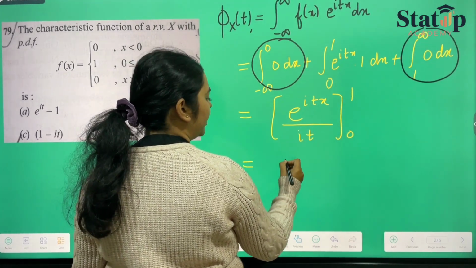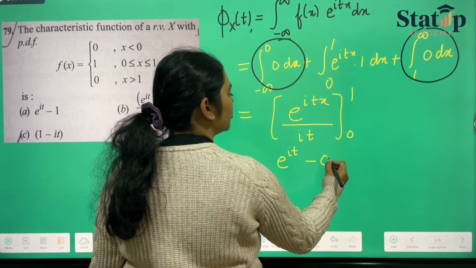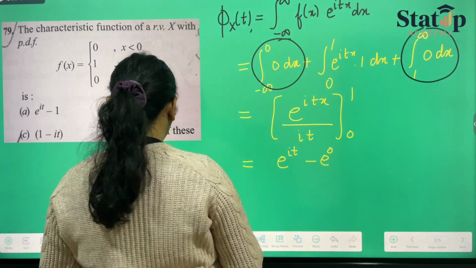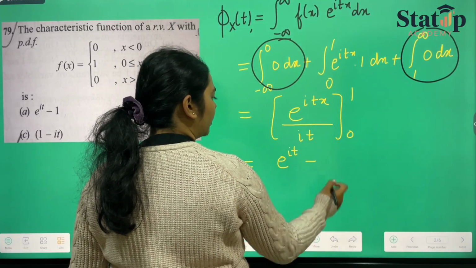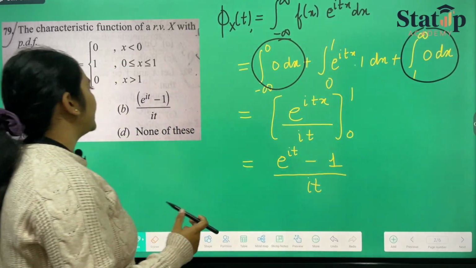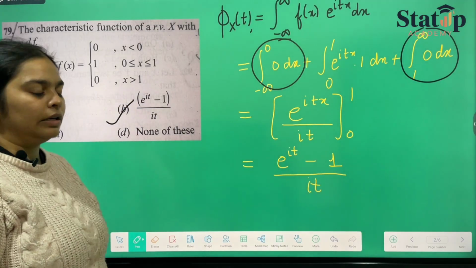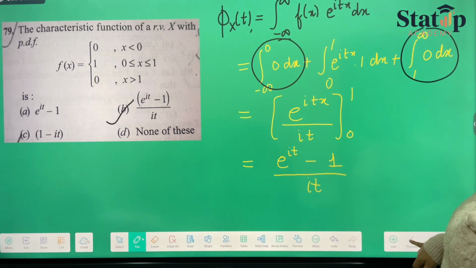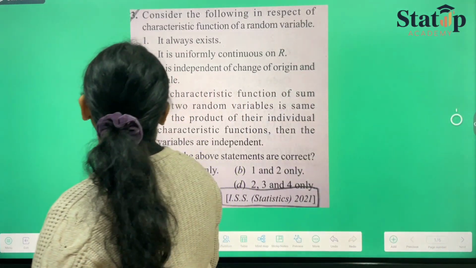If we put the limits of x, it will be e raised to the power it into 1 minus e raised to the power it into 0, which is 1, which makes it nothing but equal to (e^(it) - 1) upon it, which matches our option number B. This was a simple and direct implementation of the formula for the question. Now moving forward to our last question, which is also a PYQ, and here we don't have to calculate anything.